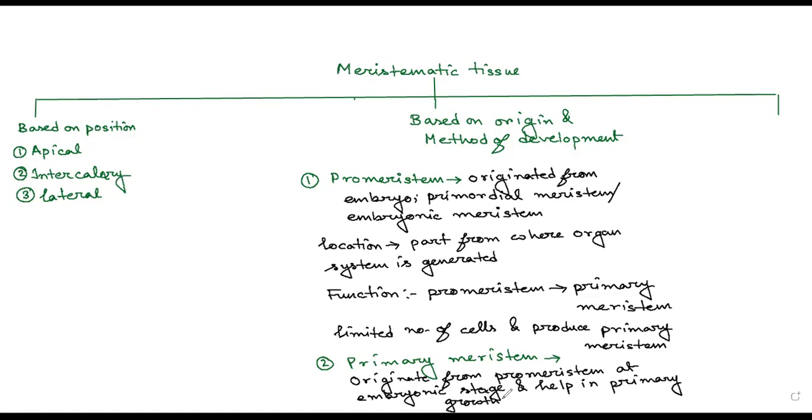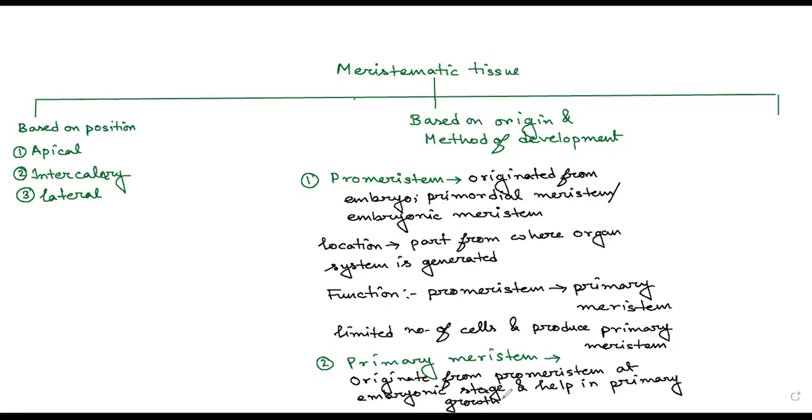So whatever the permanent tissues, whatever the important parts of the plants are to be produced, it is done by primary growth. So primary body of the plant is responsible for this.